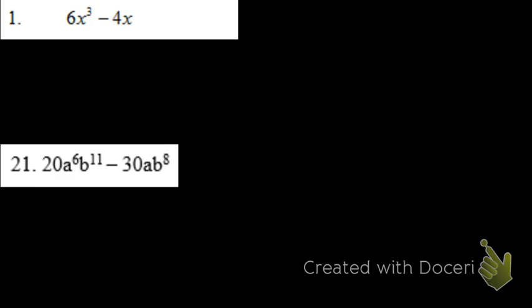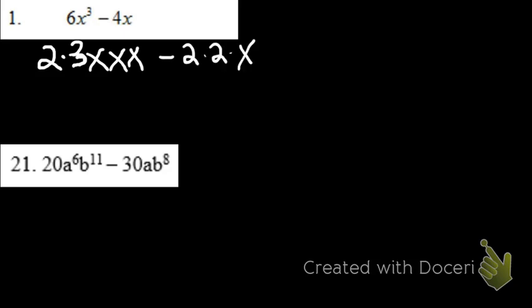6x cubed minus 4x. Well, the first thing you do, no matter what, is pull out a GCF. So the greatest common factor is exactly what it sounds like. If you were to factor this completely, so like 6 as 2 times 3, and then x cubed as xxx, and then minus 4x, which is 2 times 2 times x.